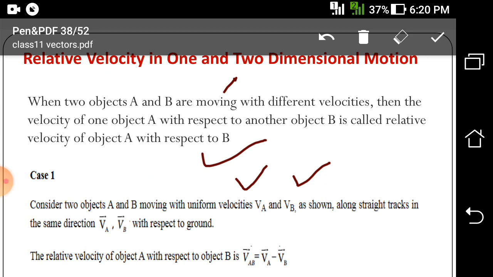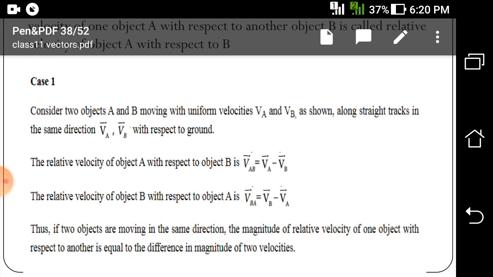So relative velocity of A with respect to B is given as VA minus VB, and the same is the case when the body B is moving with respect to A, then relative velocity of B with respect to A is given as VB minus VA. This is the formula when the two objects are moving along a straight path in one direction only.